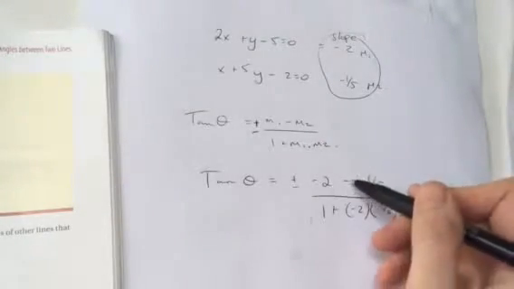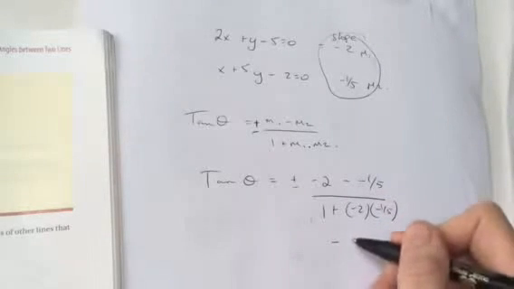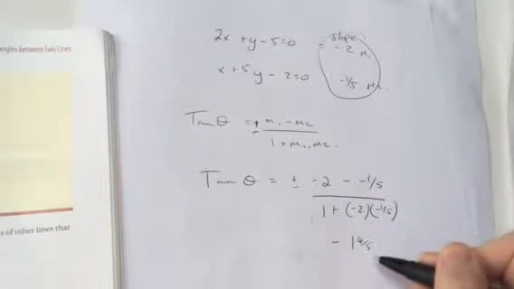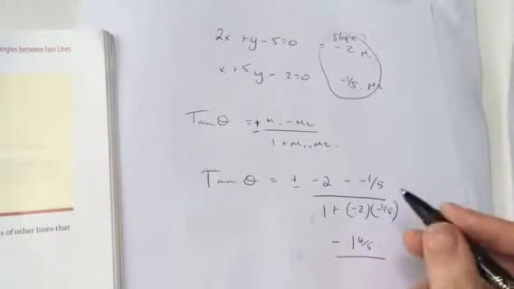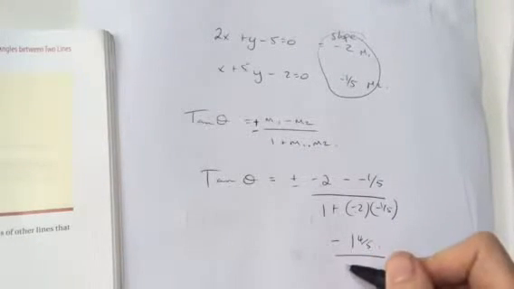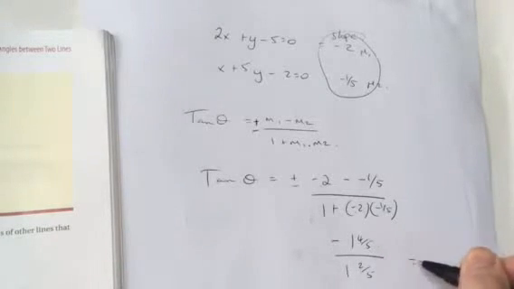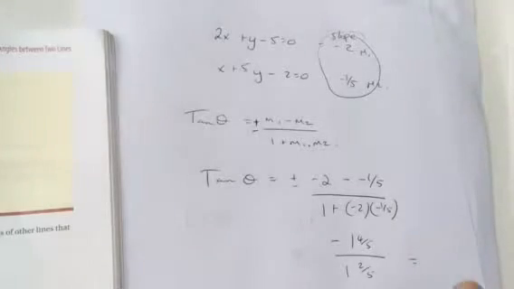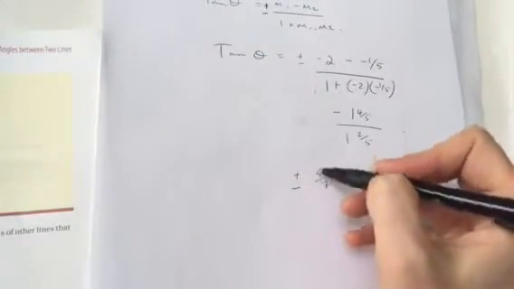So that's minus 2 minus by minus a fifth, which gives me minus 1 and 4/5. And on the bottom here, minus 2 times minus a fifth gives me a plus 2 over 5. So that's 1 plus 2 over 5, which is 1 and 2/5. And I should be able to work that out to give a plus 9 over 7 or a minus 9 over 7.